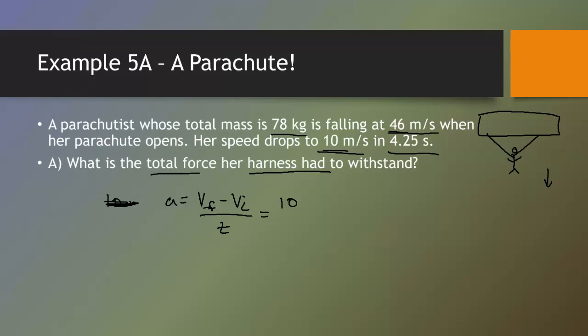She slows down to 10 meters per second from 46 meters per second in 4.25 seconds. So that's negative 36 over 4.25, which should give you negative 8.471 meters per second squared.